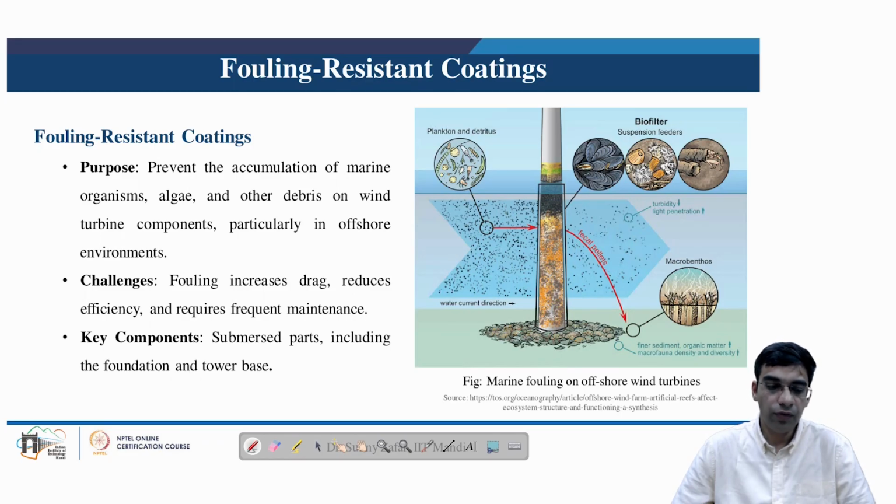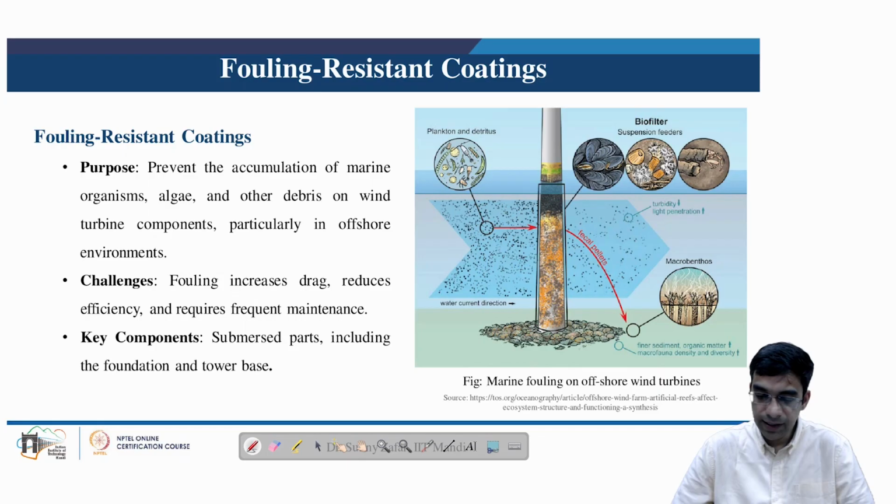The challenges of fouling resistant coating involve fouling increasing drag, it reduces the efficiency and requires frequent maintenance. The key components on which the fouling resistant coatings are applied include the submerged parts, including the foundation and tower base.